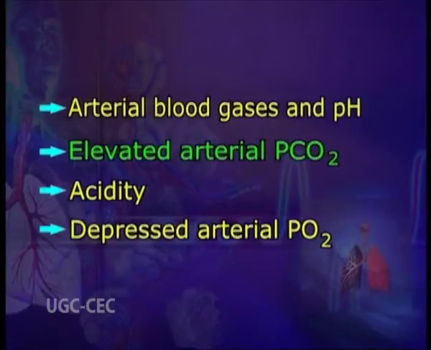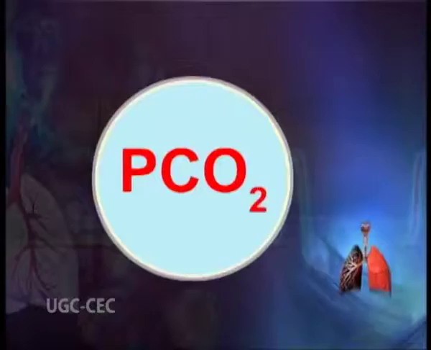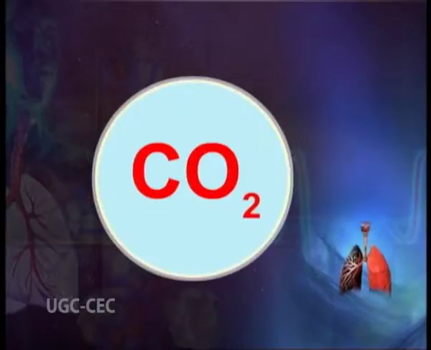Elevated arterial PCO2. Respiration is stimulated by any elevation of arterial PCO2, leading to a compensatory reduction in alveolar PCO2 as excess CO2 is blown off. This is the primary mechanism responsible for the regulation of breathing and ventilation.